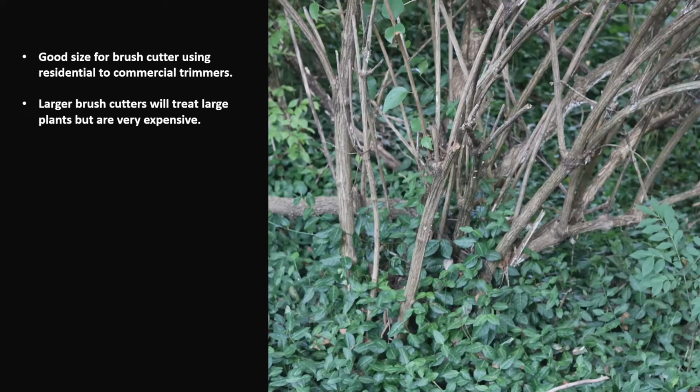Commercial trimmers are better. They'll handle the punishment more, and they're usually higher horsepower. You can get larger brush cutters, but these commercial model brush cutters and clearing saws can be very expensive. For example, you can pay $1,500 for a single piece of equipment to do this.